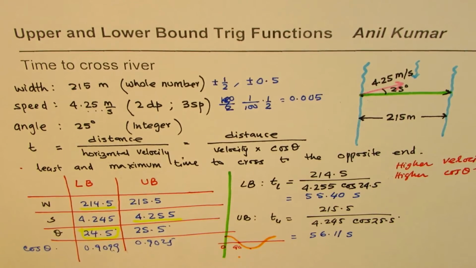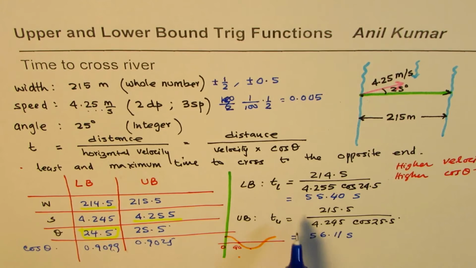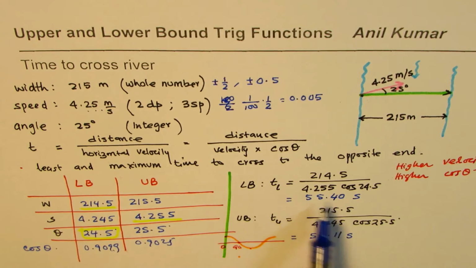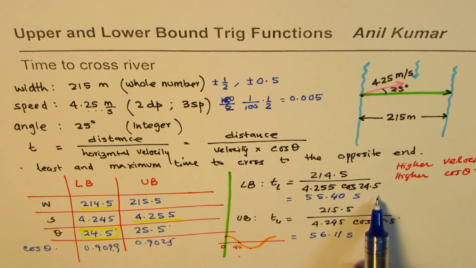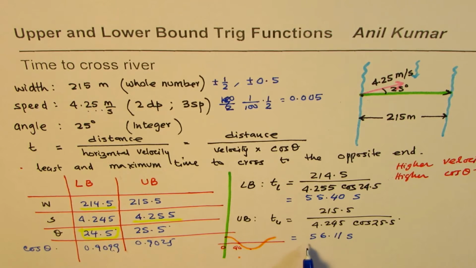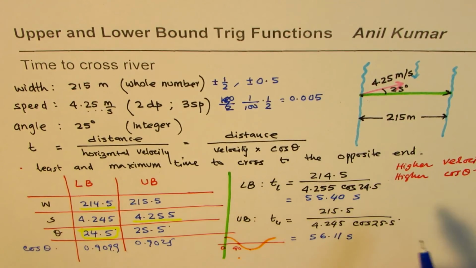Is it okay? So what you find here is that the minimum time will be 55.4 seconds and the maximum time will be 56.11 seconds, right? So that is to 2 decimal places. If the answer you want time to 1 decimal place, you could round this off, correct?